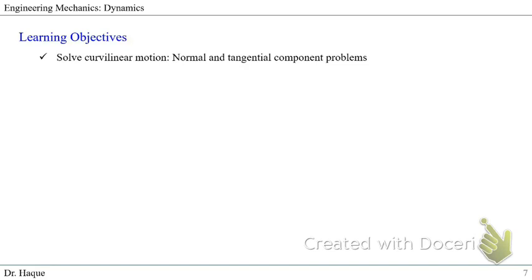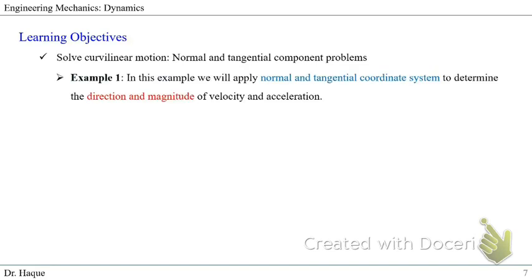We'll solve the problem which falls under curvilinear motion, and we'll solve for normal and tangential components. So in this example, we'll apply the normal and tangential coordinate system to determine the direction and magnitude of velocity and acceleration.